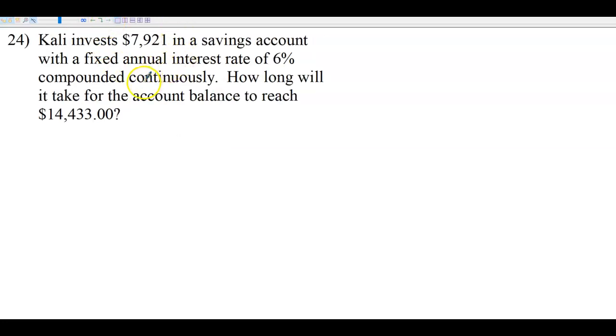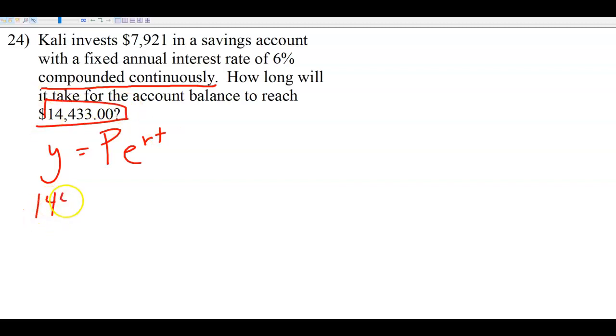This one is different than 22 because this one says compounded continuously, which means that for my first step, we're going to use a different formula, which is this guy here. Okay, so the y represents the final amount. The final amount is this guy here. The P represents the starting amount of money.